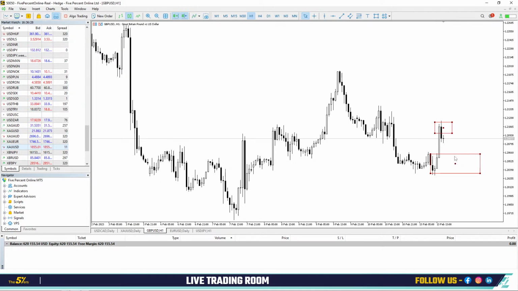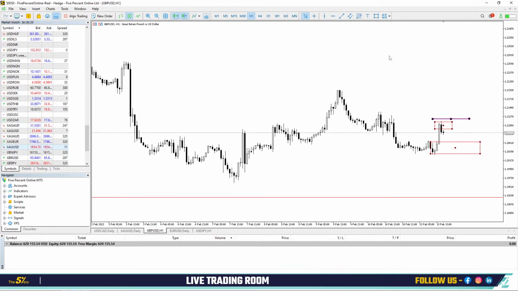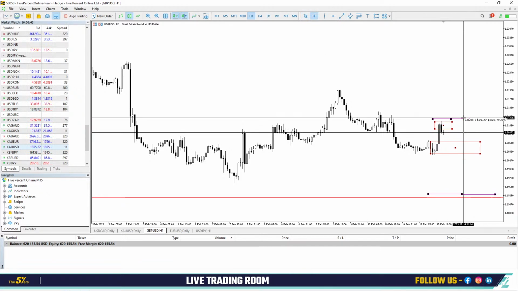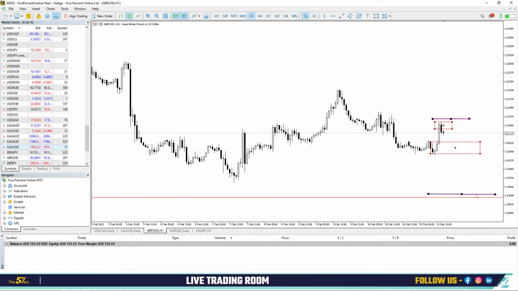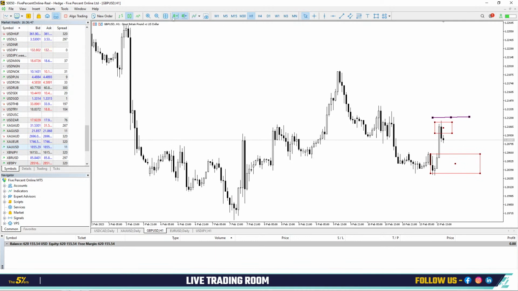Okay, if you want to try to short that and set your stops and wait for the market to go all the way to there, that's a great trade in terms of risk reward ratio, almost five times.